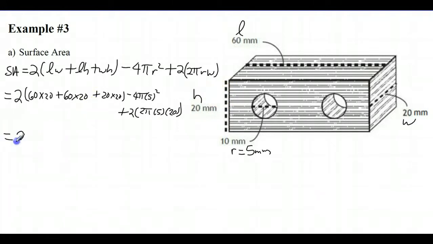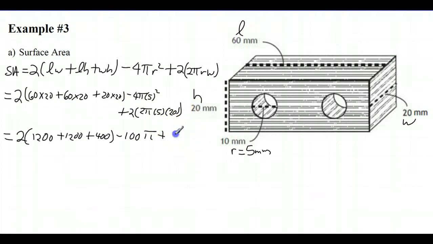Okay, so if we want some details, we don't need a calculator yet. 60 times 20 is 1200, another 1200, and 400, minus 4. 5 squared is 25 times 4, so minus 100 pi, plus, what do we got here? 5 times 20 is 100, 200, 400, so plus 400 pi.